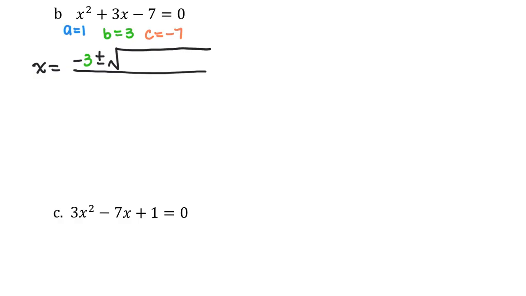What is b? b is 3, so 3 squared minus 4 times a times c. And then in the denominator, everything is divided by 2a. 2 times a is 1. Okay, this is the worst part right here, that very first step. Once you have it substituted, we just have to simplify the expression.